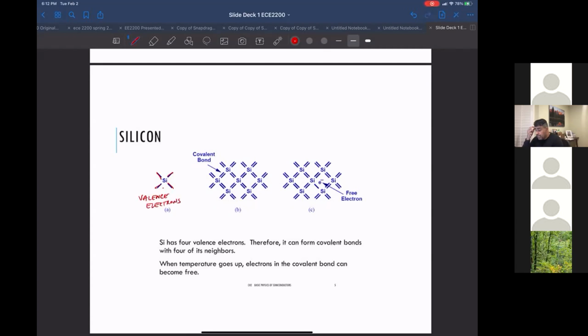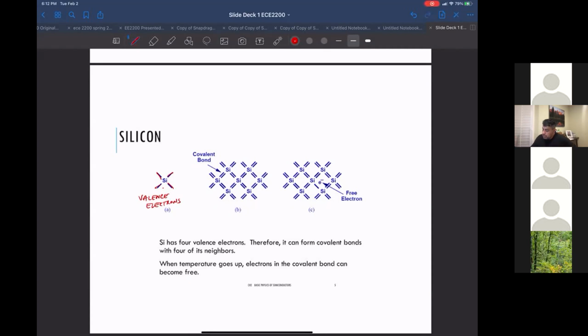Okay, what's a valence electron? It's an electron that's in the outer shell of the atom, and it's what bonds to the other atoms around this particular atom.